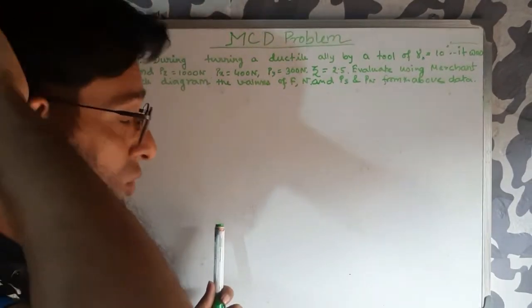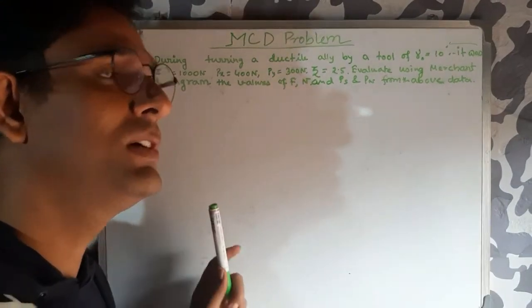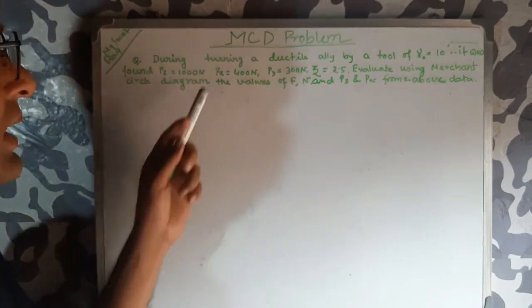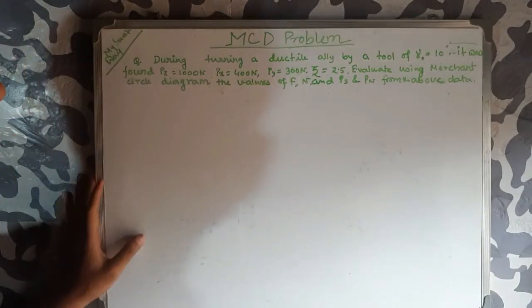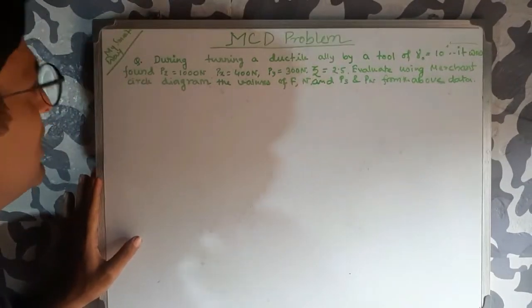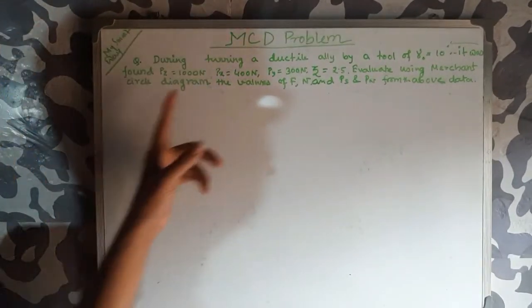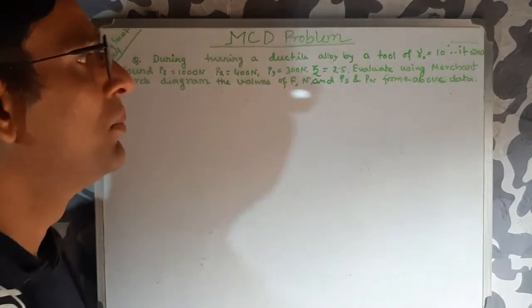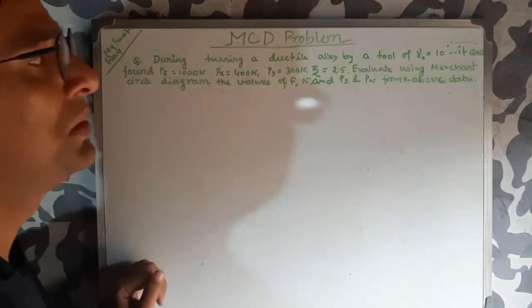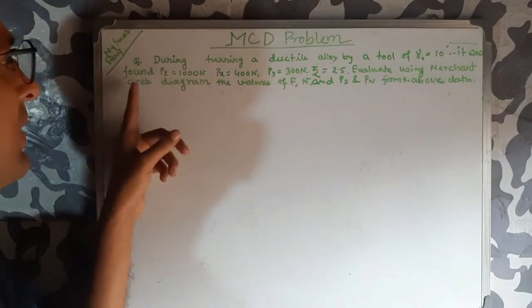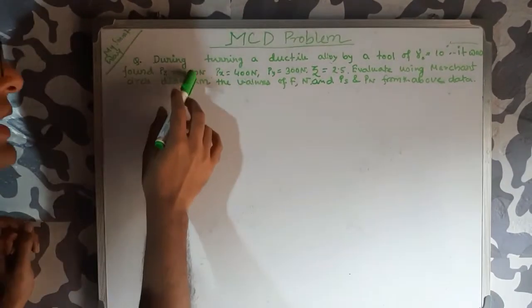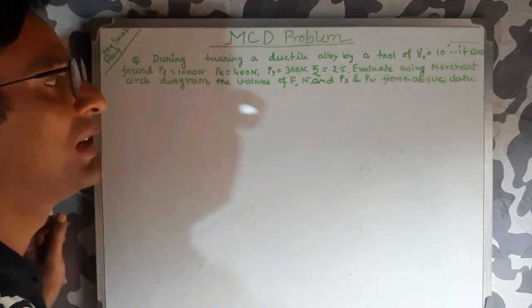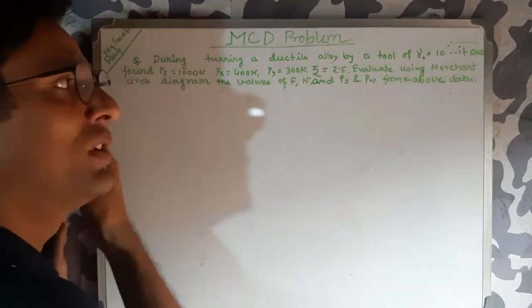To solve these problems you must go through the previous part 1 video of machining forces and the Merchant circle diagram. Now today the problem is: during turning a ductile alloy by a tool of gamma 0 equal to 10 degree, it was found Pz is equal to 1000 Newton, Px is equal to 400 Newton, Py is equal to 300 Newton, zeta is equal to 2.5.